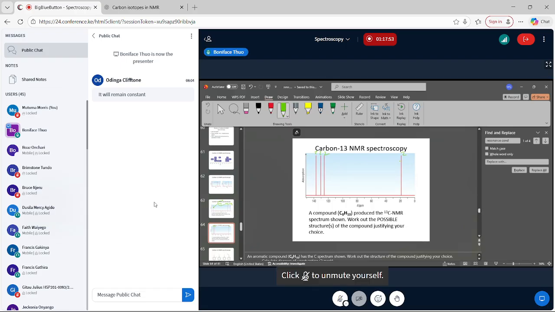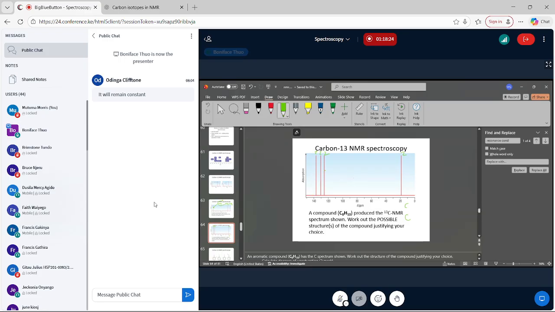Then we look at the chemical shifts. Okay, so we see that we have a chemical shift which is about 19 or 18. So that must be alkane carbons, and there are 2 of them. So they may be linked or they may not be linked. Let me not link. Let me just put them as carbon.